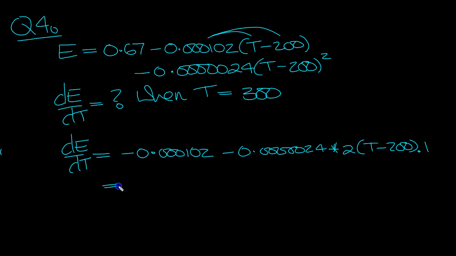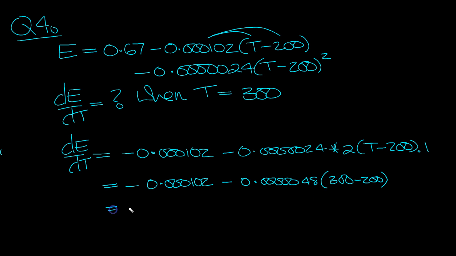And when T equals 300, we get minus 0.000102 minus 0.0000 2 lots of 24 is 48. T is 300 minus 200, so we've got minus 0.000102 minus, and this is 100, so it just moves this along twice, so it's minus 0.00048, isn't it?